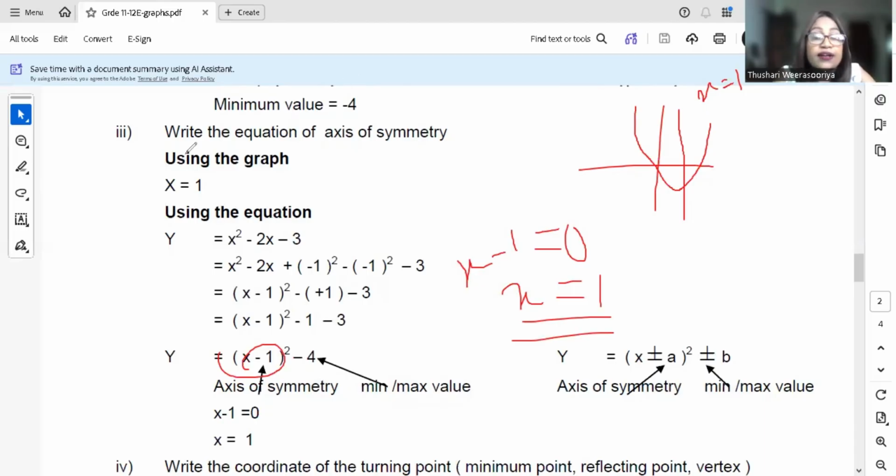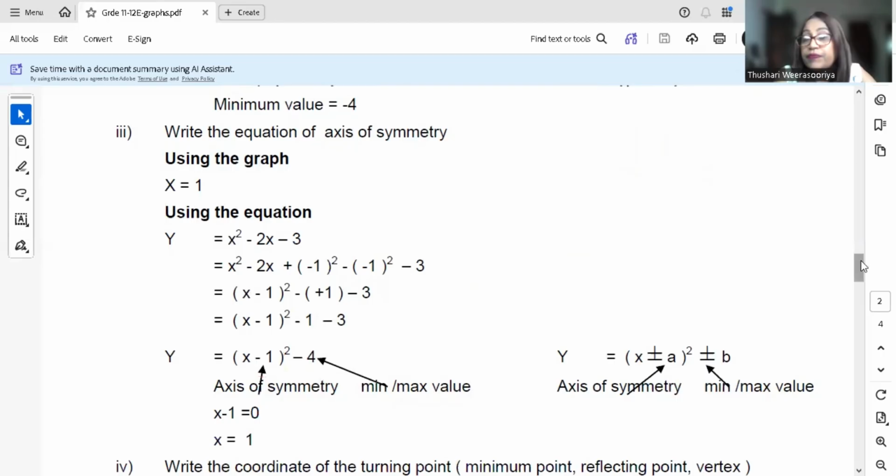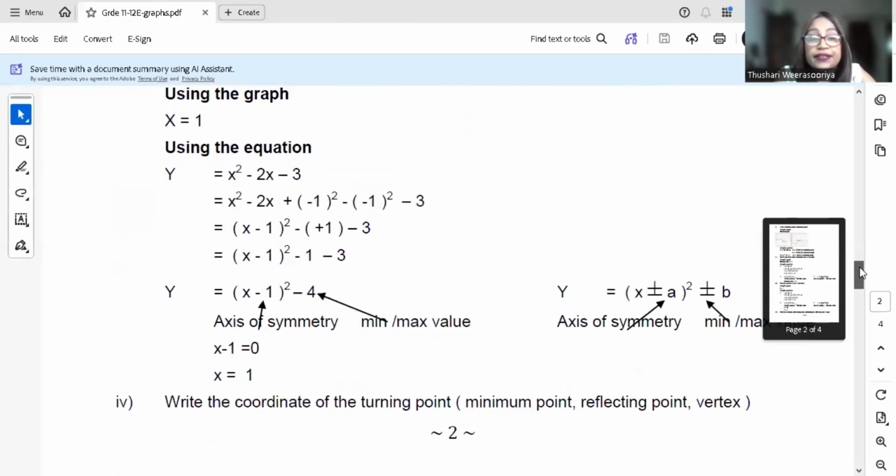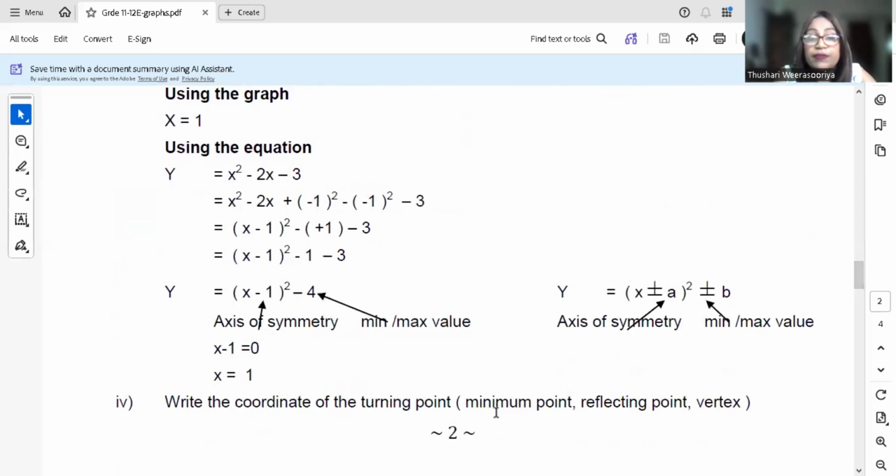Next one, write the coordinates of the turning point. Turning point has a lot of names: minimum point, reflecting point, vertex.